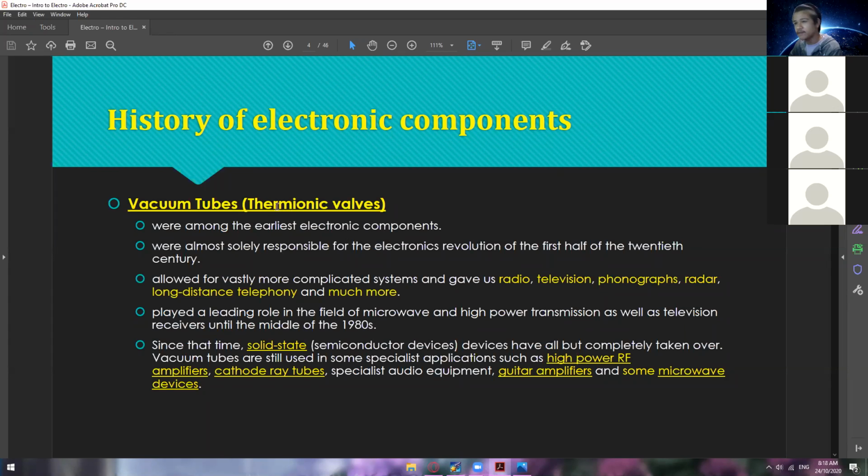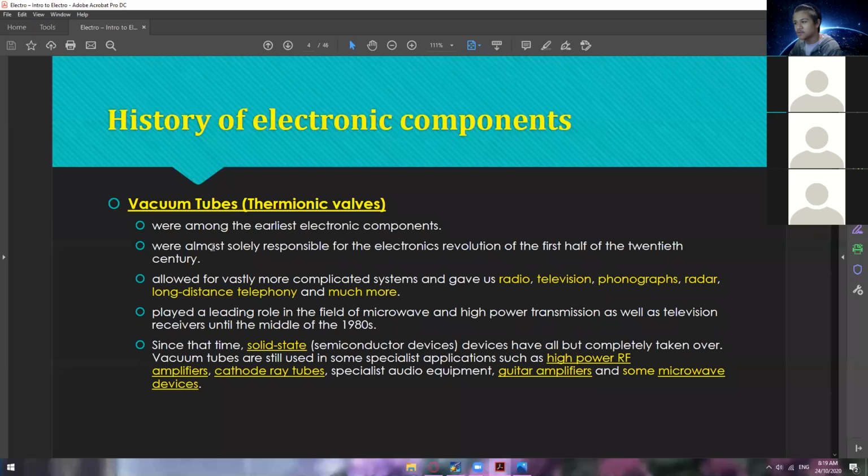The earliest electronic component, not the very first, is the vacuum tube, or in other terms, thermionic valves. These were almost solely responsible for the electronics revolution of the first half of the 20th century.